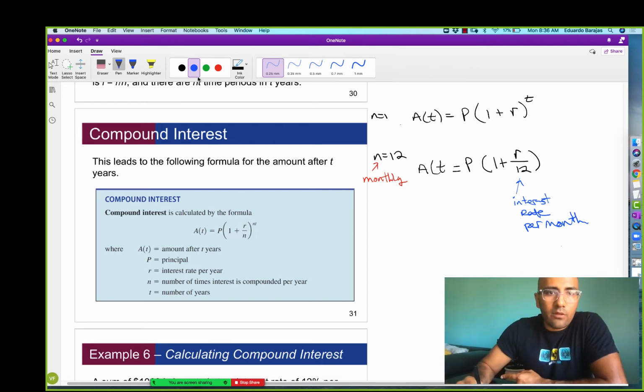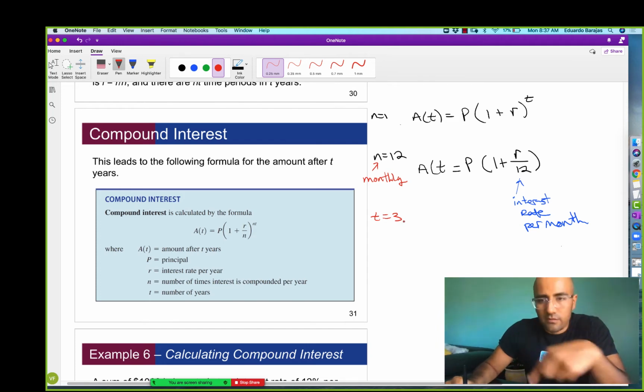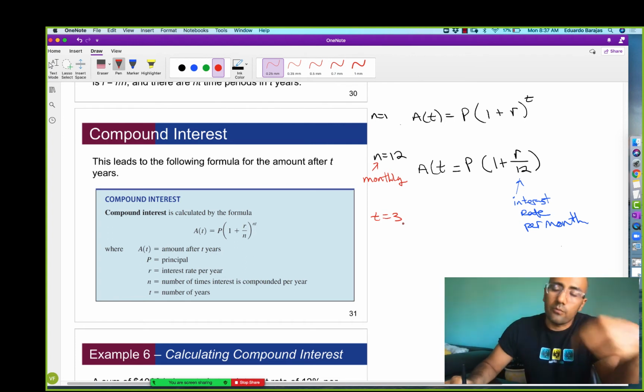So for example, if they asked you for 3 years, let's say t equals 3 years, but now you've changed the question to compounding per month, then there's going to be 12 times 3 makes it 36 different cycles, right? Where you figure out the interest earned that cycle, you put it back into the balance, and then you multiply it again.